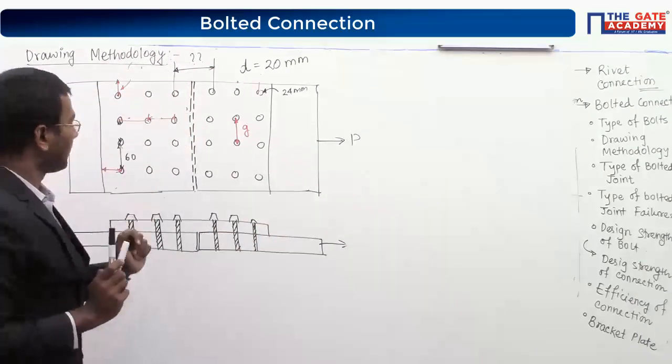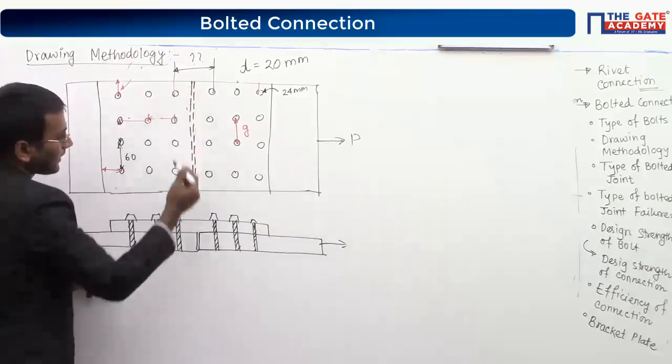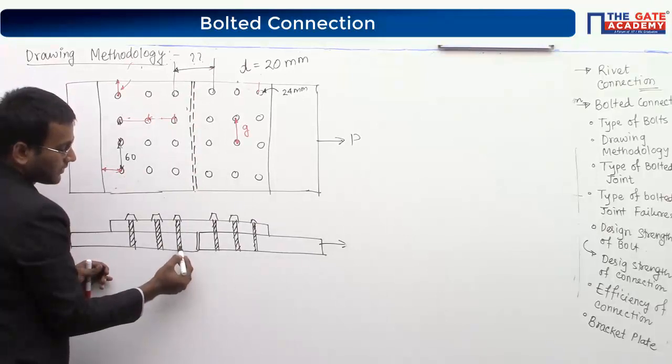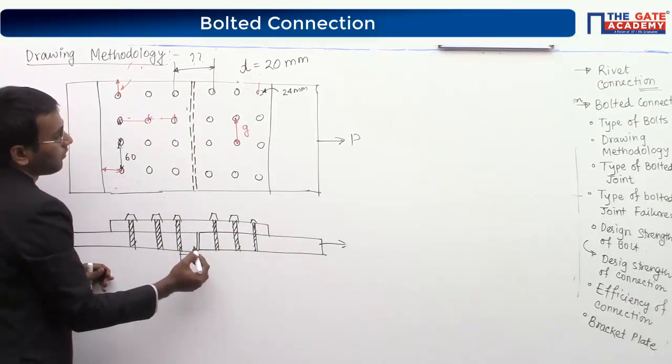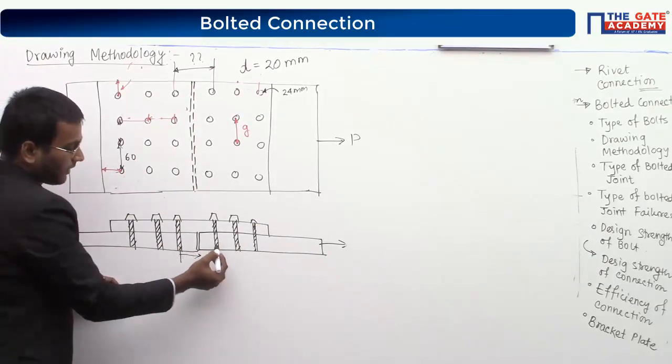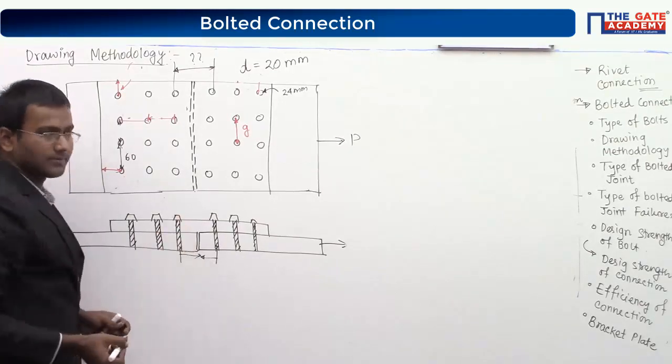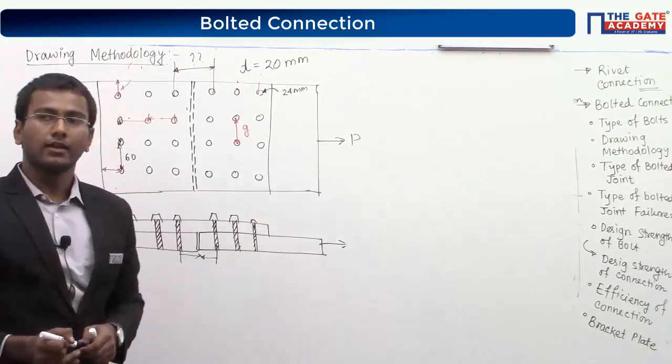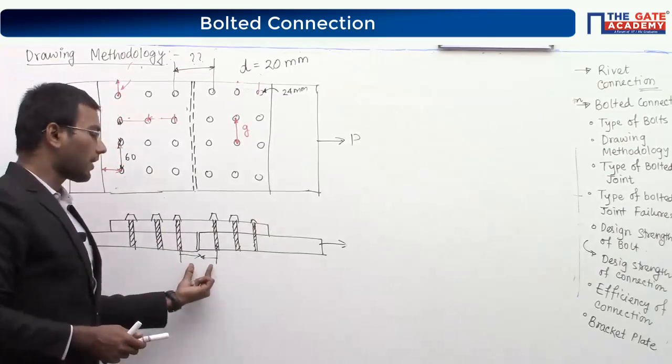Just looking at the diagram, you can see this diagram representing the same. So here to here is one end distance, and from here to here one end distance. So can I say there are two end distances provided here?